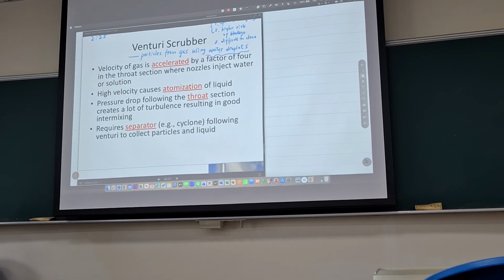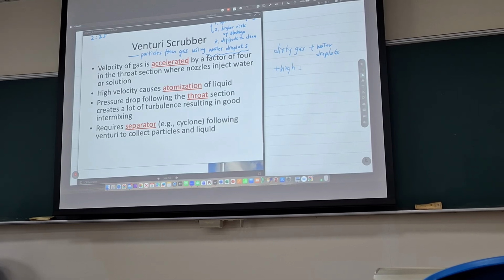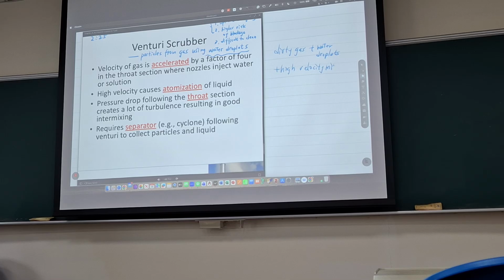Okay, so the idea is the dirty gas plus water droplets, right? Because of the structure, the narrow throat, plus high velocity mixing, those particles will attach to water droplets.